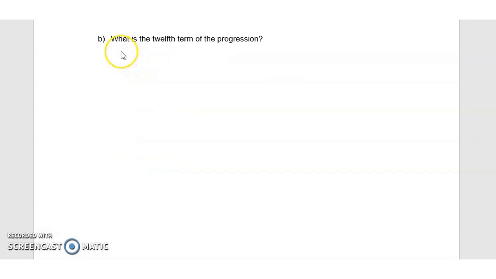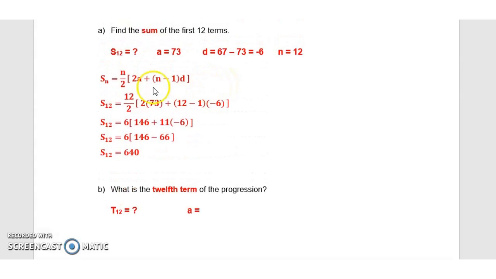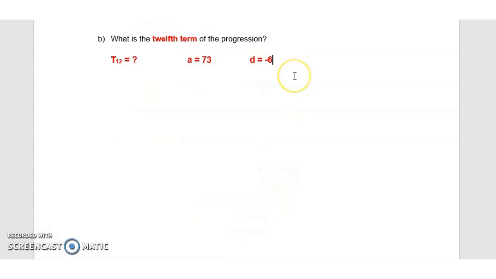Okay, question B. What is the 12th term of the progression? 12th term, so it means that we want to find T12. So T12 equal to what? We know that a just now is 73 and d equal to negative 6. For T12, we use the formula Tn, because we want to find the term.